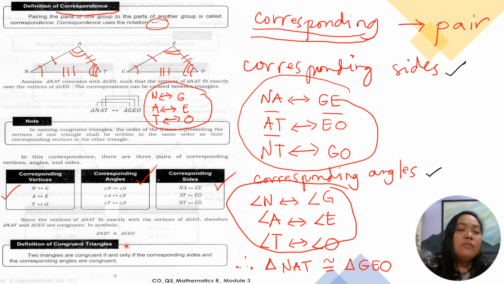If you have noticed, we have there a definition of congruent triangles, and it says that two triangles are congruent if and only if the corresponding sides and the corresponding angles are congruent. The corresponding sides fit together, right?